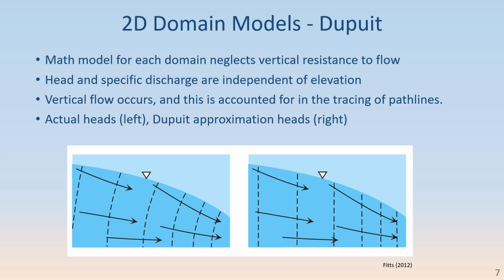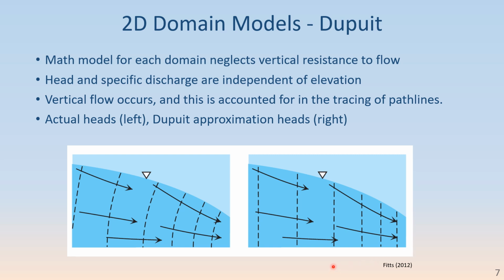This is illustrated in these 2 sketches down below here, where on the left, this is the actual situation, and the dotted lines are contours of equal head. So this is a vertical slice. So the heads change with elevation. In this case, there's a bit of recharge coming in the top, driving a component of downward flow, which creates a downward hydraulic gradient.